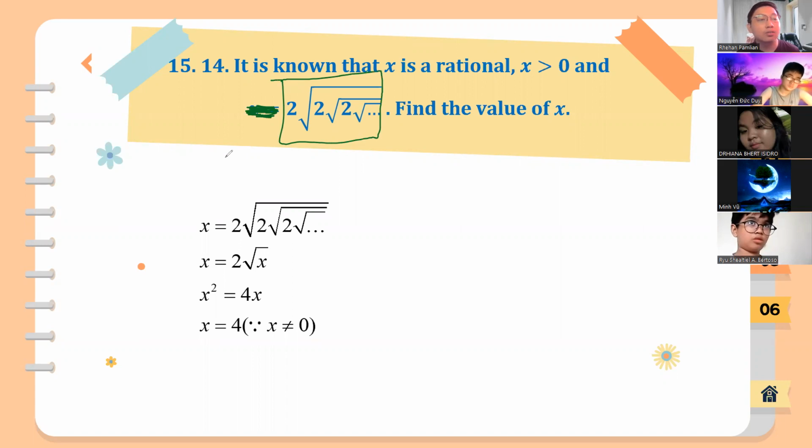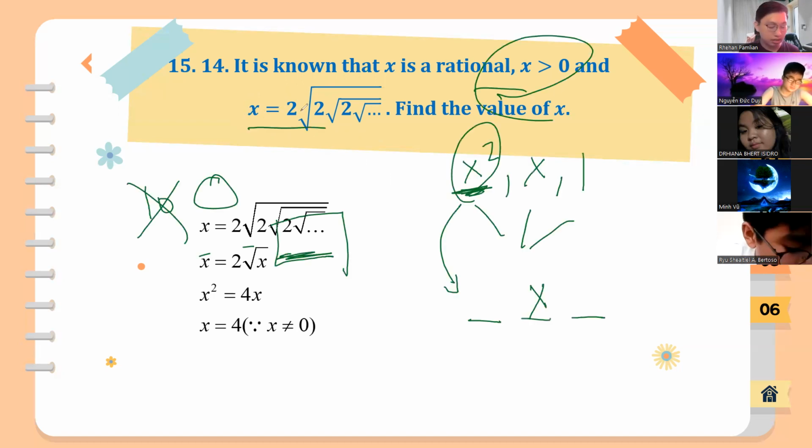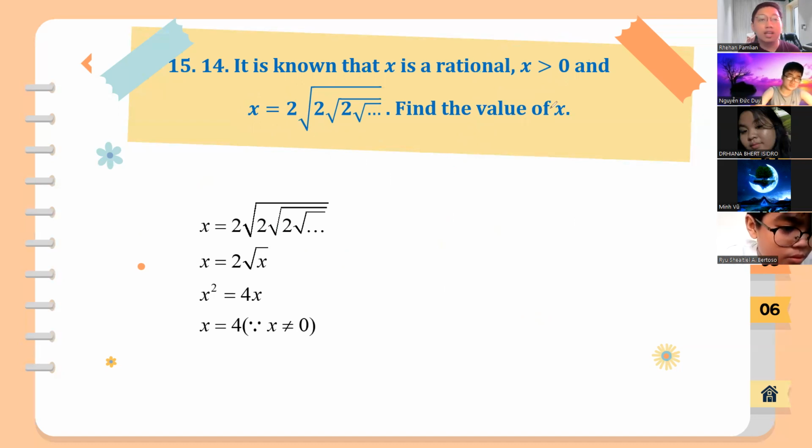So the technique there is you set the actual number to be your x, and that is what's nice about this problem, because it's already stated that x is equal to this number. So you just have to find the value of this one, which is your x also. Find the value of x.